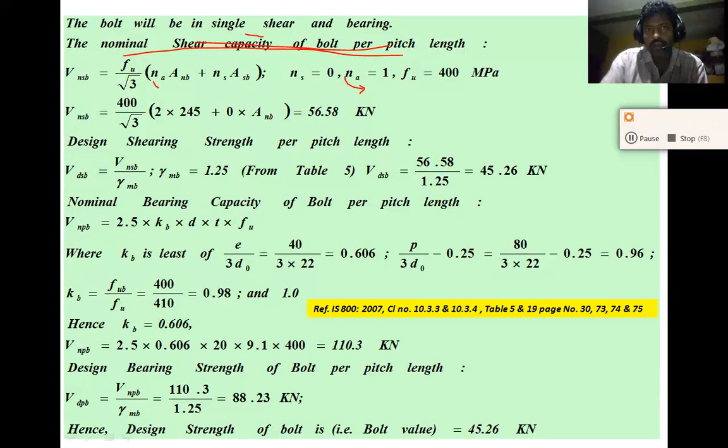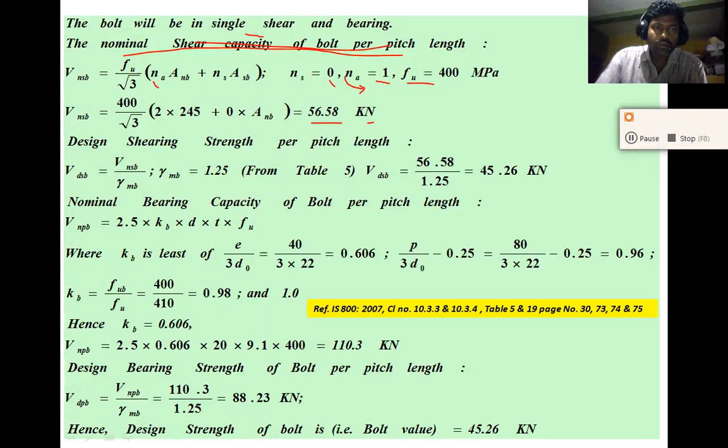As you know, the threaded portions are critical, so we assume that the shear plane passes through the threaded portion. So Na is equal to 1. As it is single shear, only one plane, so Ns, the number of shear planes through shank, is 0. The ultimate tensile strength of the bolt is 400. Now put these values and we get 56.58 kilonewton.